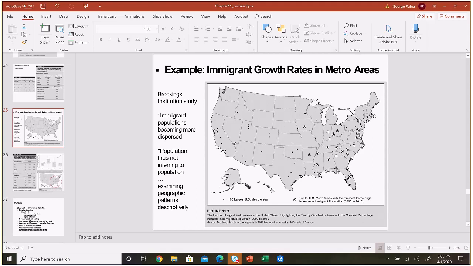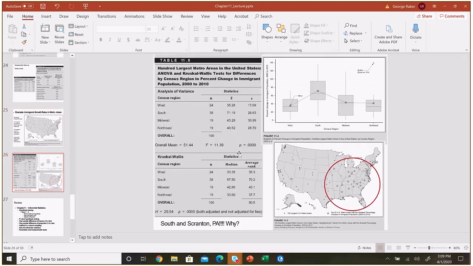So we're still looking at different areas of the country. Okay, and you can see right here that it does appear that the South has a higher immigrant population than many other areas. That's actually the recent growth in immigrant population. So that's what we see here. So you can see the South has a percent change, that's what I meant by growth, in immigrant population. It has the highest percent change. The other areas aren't changing as much. Okay.